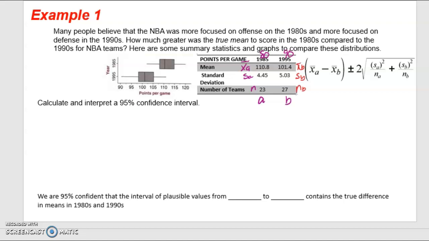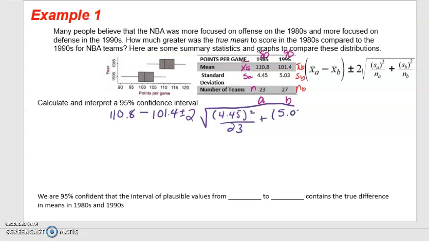So the mean of context A, 110.8, minus context B's mean, 101.4, plus or minus 2 times the square root of the standard deviation of A, 4.45, squared over 23, plus the standard deviation of context B, 5.03, squared over 27.